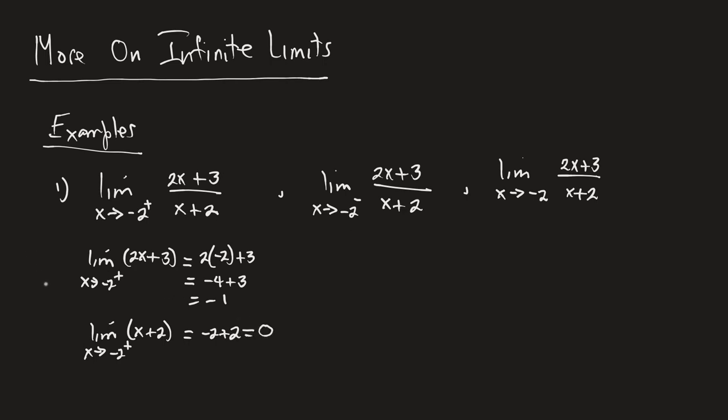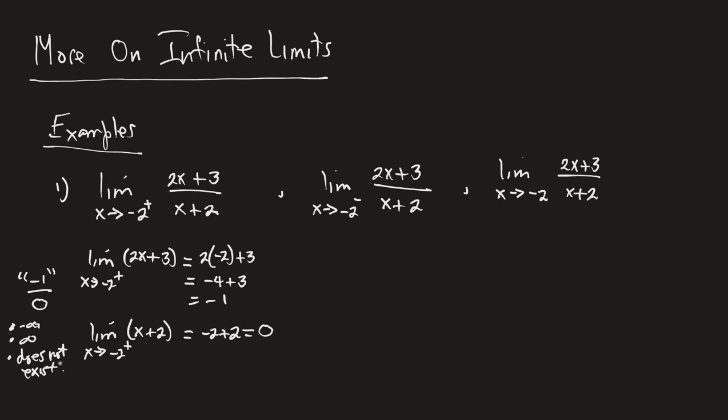So this form is not a number, right? It's -1 over 0. But what does that mean? Well, this is the clue that it's one of our infinite limits. So we essentially have three possibilities in total: either -infinity, +infinity, or does not exist.